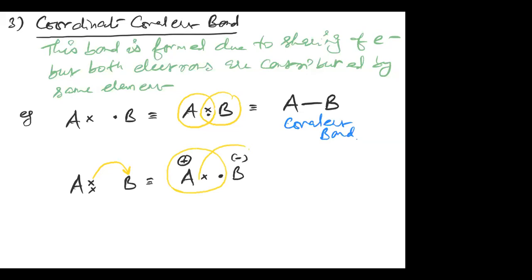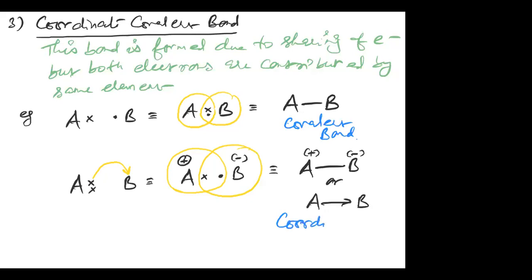it is something very similar to the formation of a covalent bond. This bond should be represented as A plus normal bond B minus, or this bond may be represented as, let's say, A arrow towards B. So one is a covalent bond and another is, let's say, a coordinate bond.